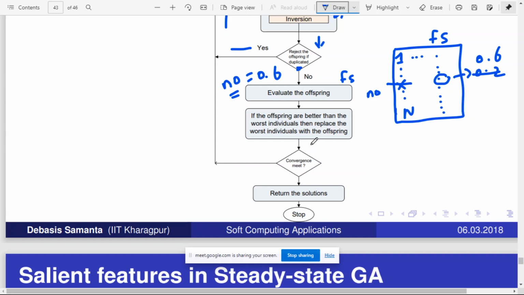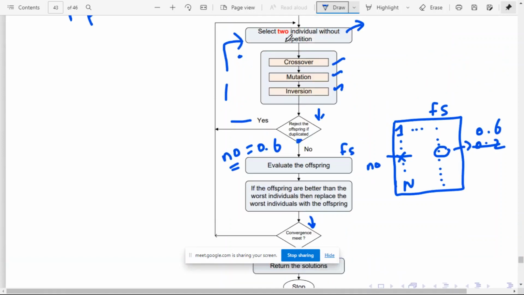And then we check whether the convergence is met or not. That is, I check whether we are happy with the solution or not by identifying the best individual from this. If you are not happy with the solution, go back again, identify the next two individuals, and perform reproduction, that is crossover, mutation and inversion. If it is a duplicate offspring then reject it.